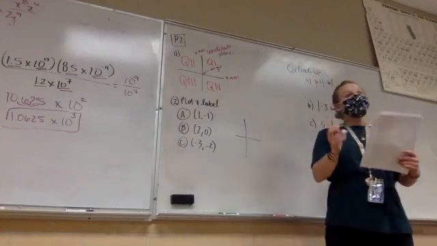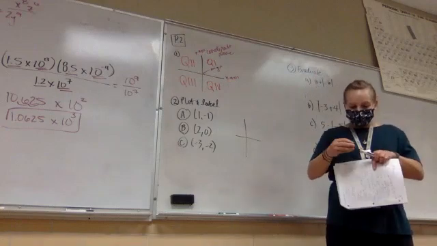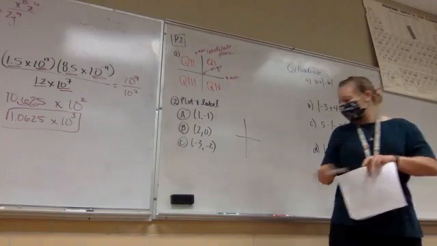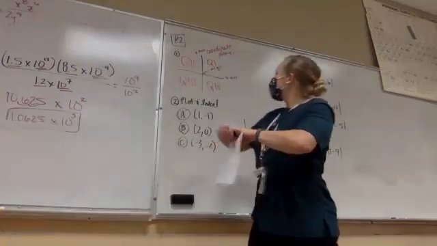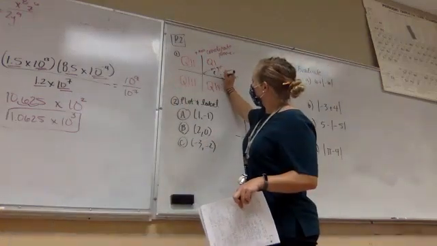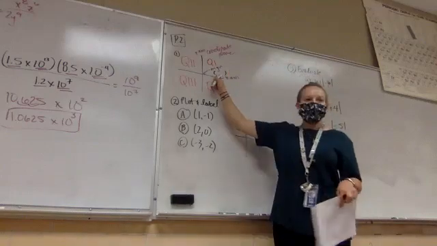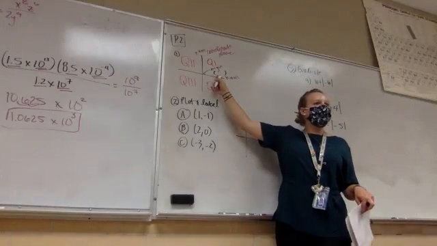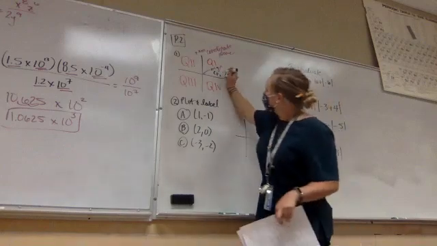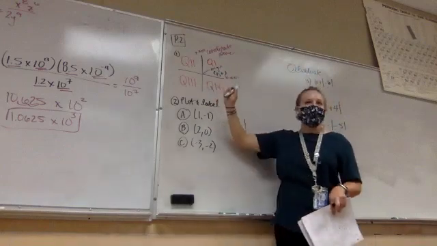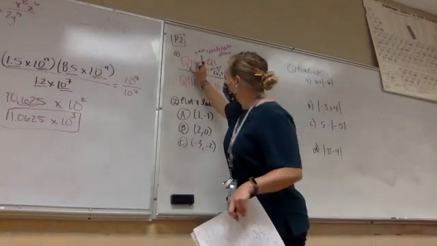What I do want to do is one more added bonus. I want you to tell me what the signs are. So we know that it gives us coordinate points, so you're going to have an x coordinate and a y coordinate. Is the x here positive or negative? Positive. Is the y value positive or negative? Positive. Now let's go to quadrant 2. Is the x positive or negative?